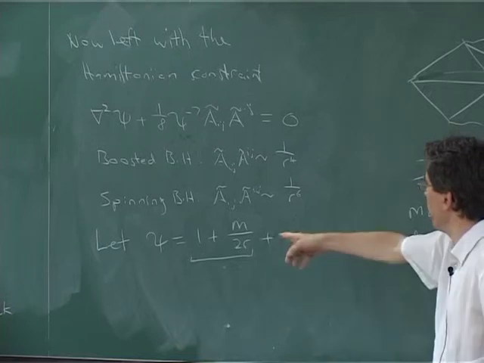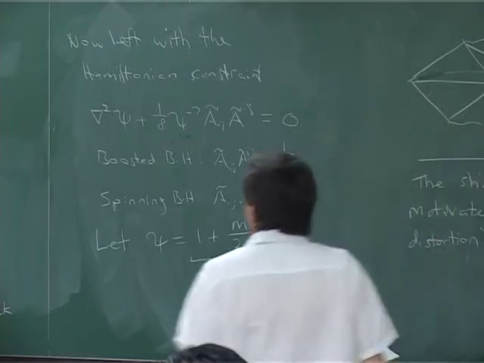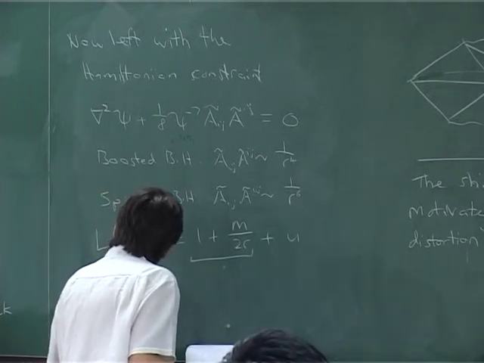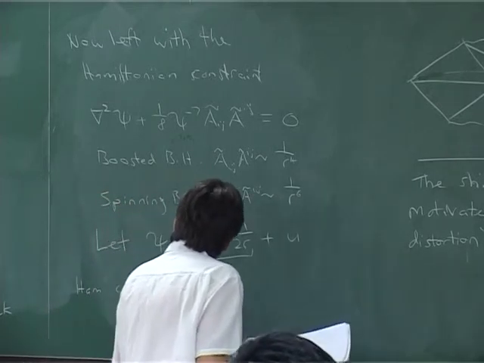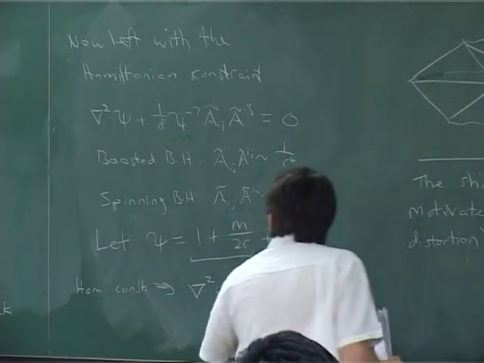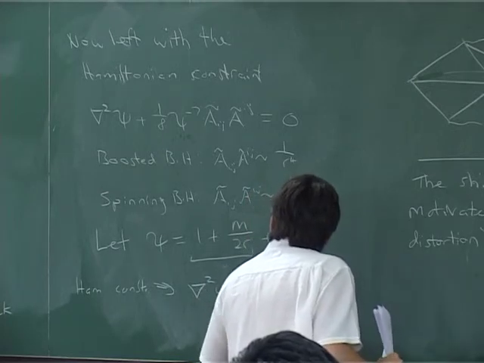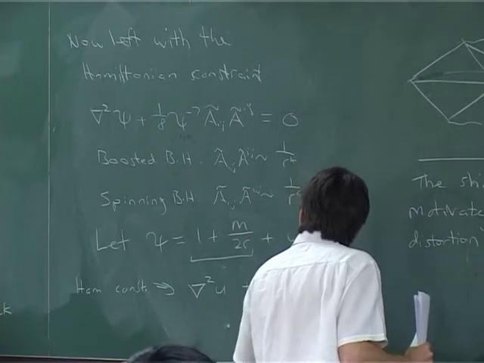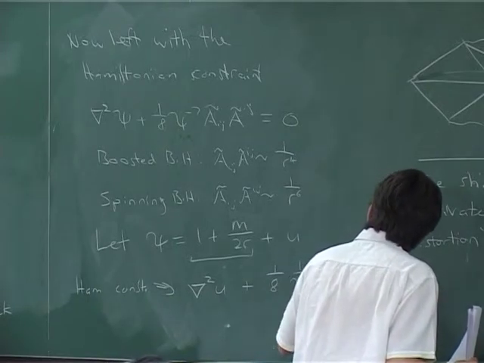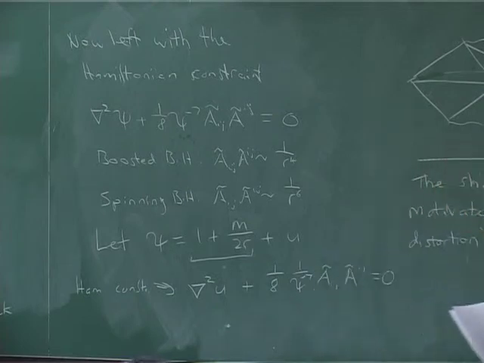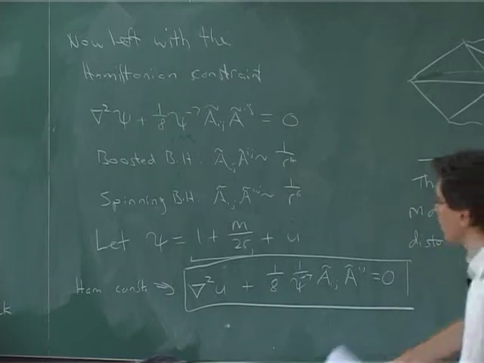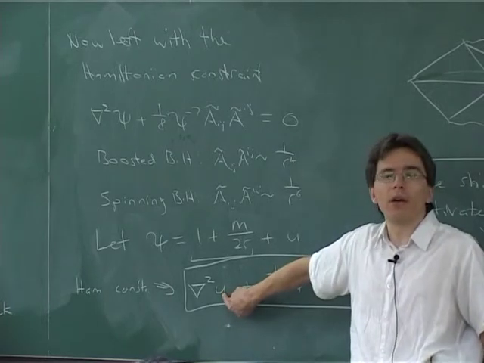And so if we make this choice, the Hamiltonian constraint becomes an elliptic operator only acting on u, plus, well, we might as well keep this part the same. Okay, so now we have this equation, and this function is regular everywhere.